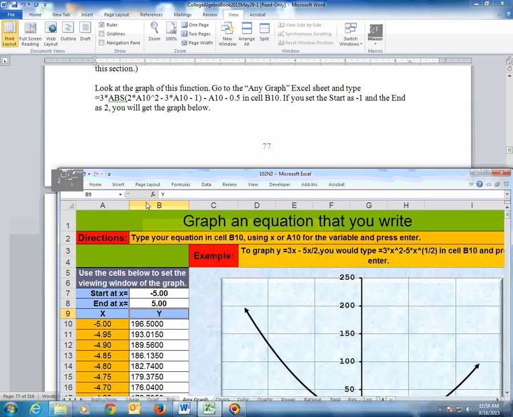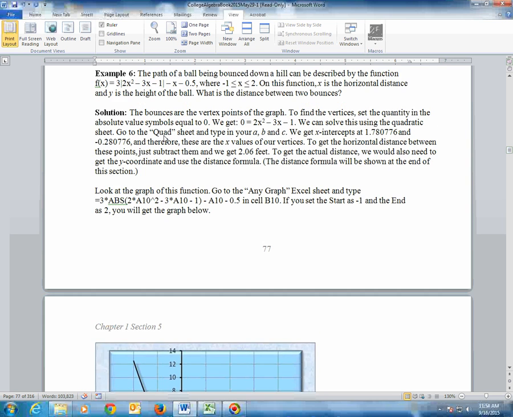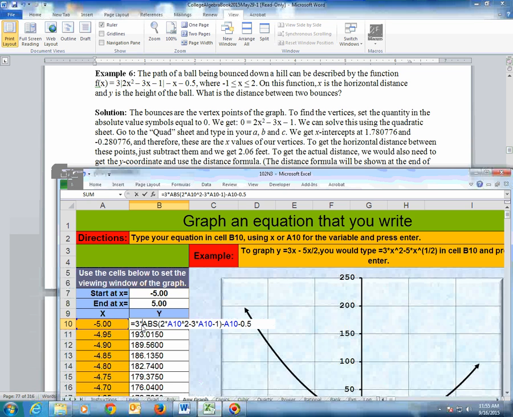So typing that equation into the Excel sheet, here is the equation again, 3 times the absolute value of 2x squared minus 3x minus 1 right here. I would type this in equals 3 times ABS, parentheses, 2 times, and you can just use x if you want instead of saying A10, x squared, carried up 2, and so on. I have it right here typed in. So you can see it.